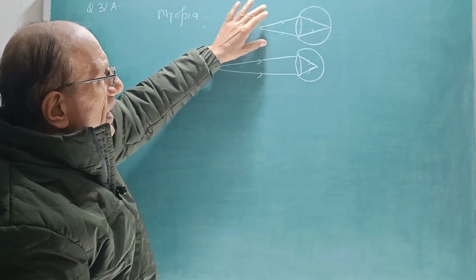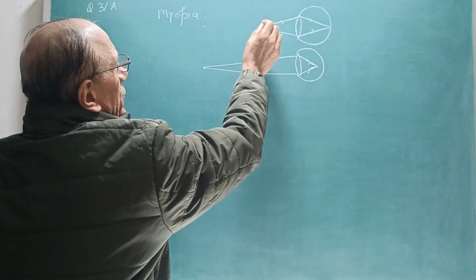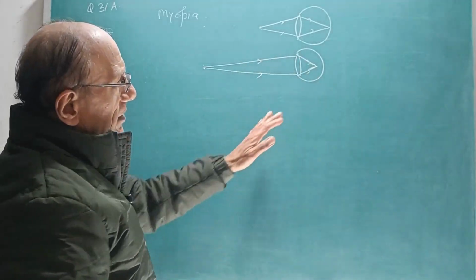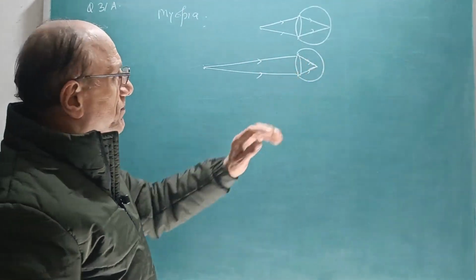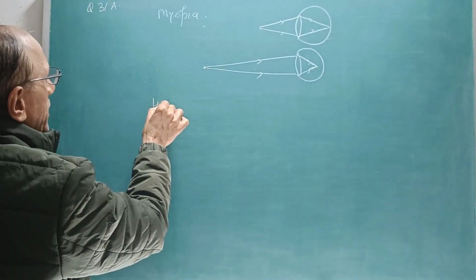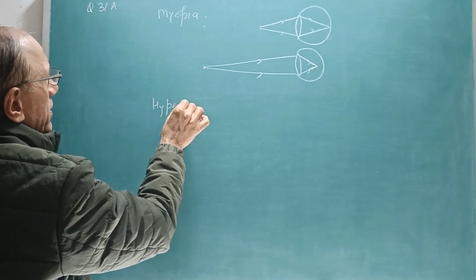That's why, this is the nearby object and this is the distant object, so it is not able to see.